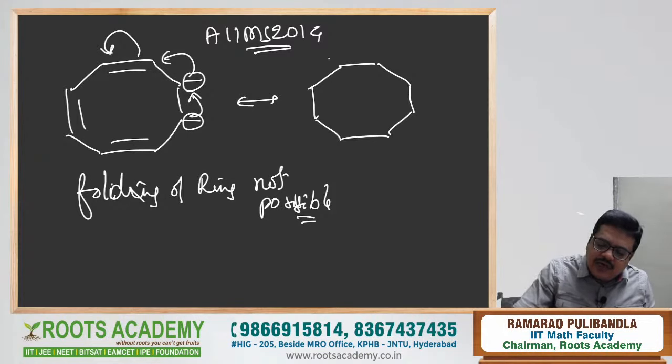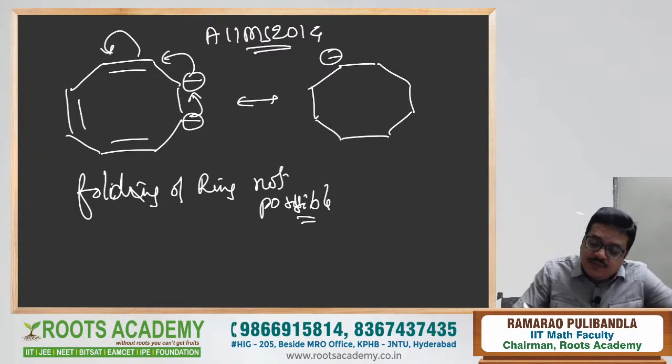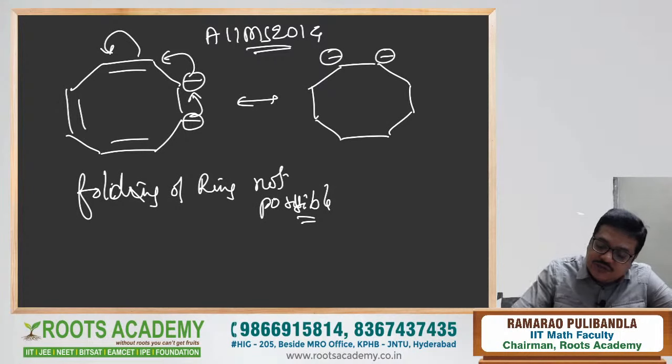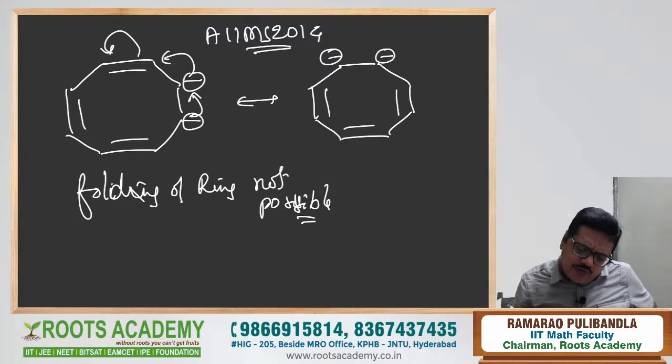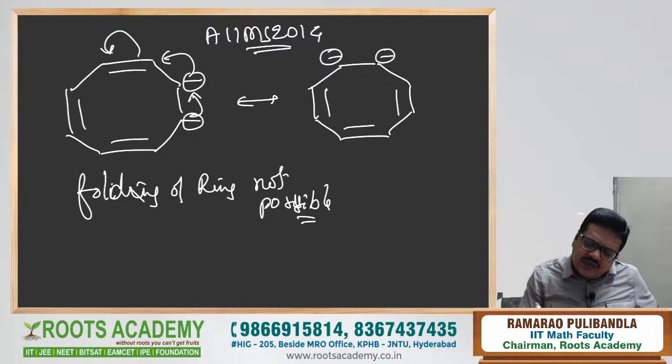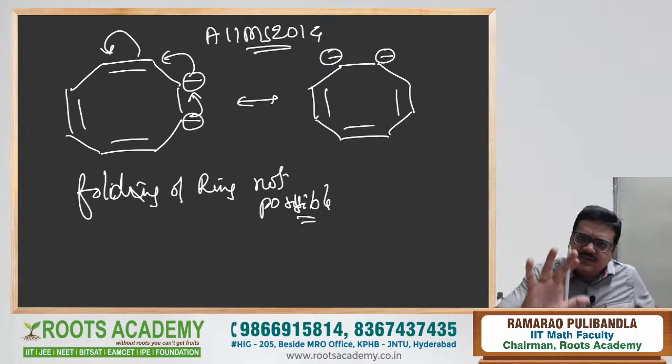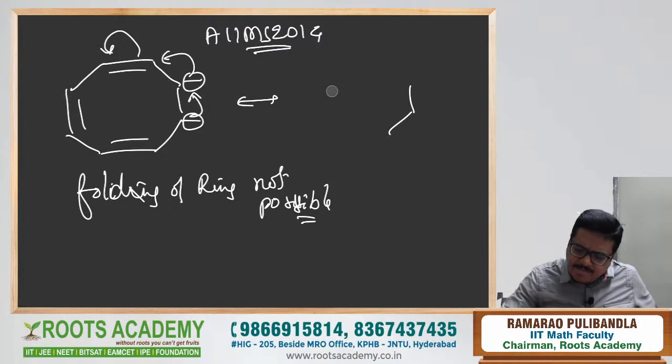These will come, negative charge, right? This negative charge will come here, and this will come here, another negative charge. Like that it will happen continuously. See, if these pi electrons are coming, negative charge, they come here.